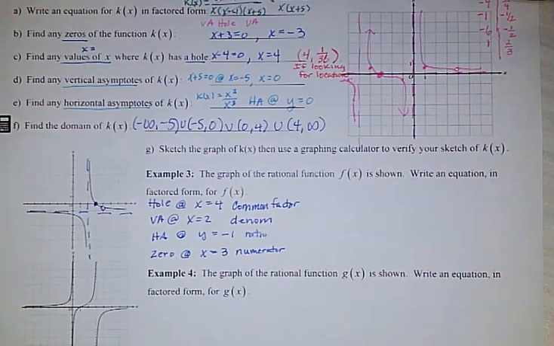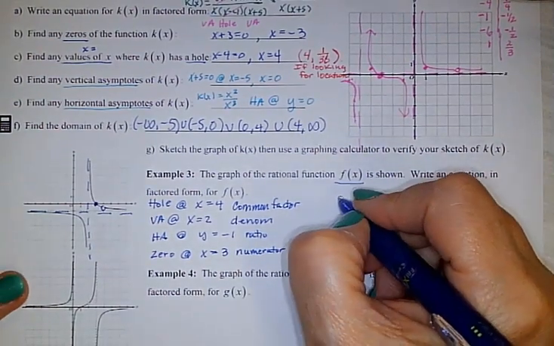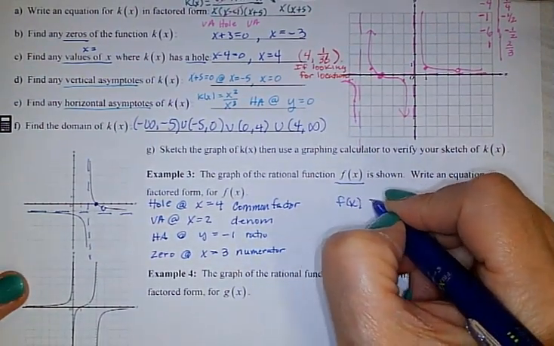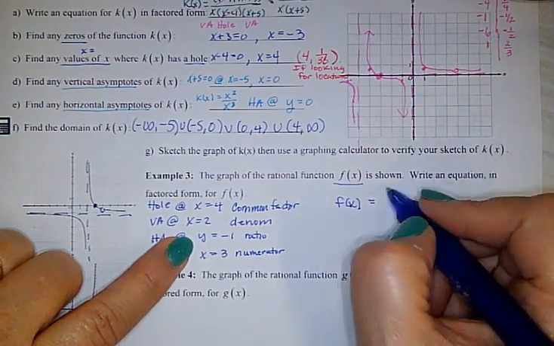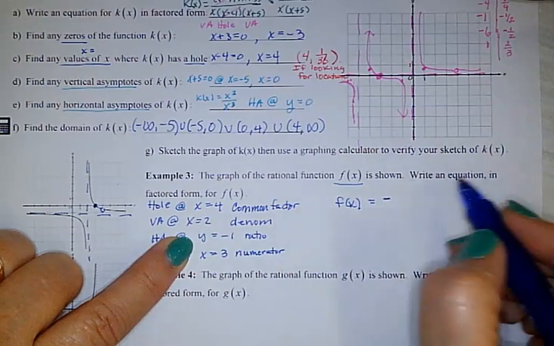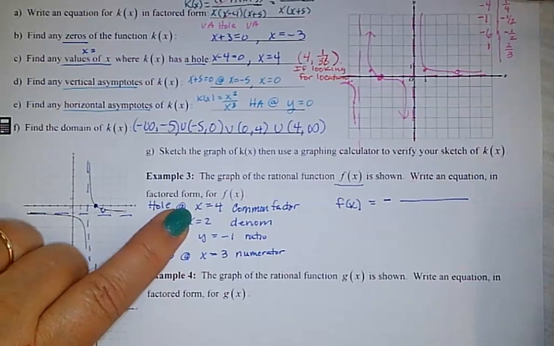All right, so I have to put all of these characteristics into my equation. So paying attention to what it tells me to name my function, which is f of x. So I'm going to say f of x equals, and then I have a ratio of -1. So I'm going to put my negative out here in front so I don't forget about that -1. And then I know I have to have a common factor canceling out at 4.